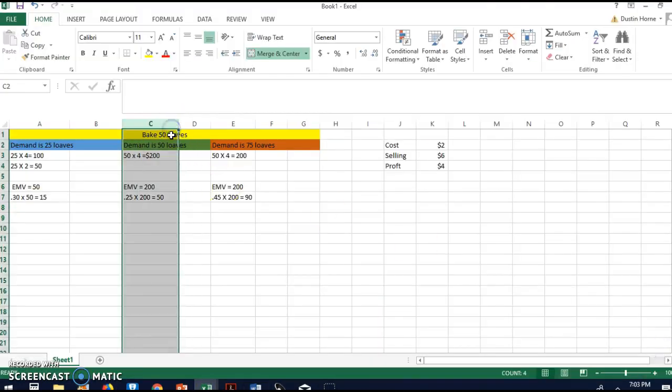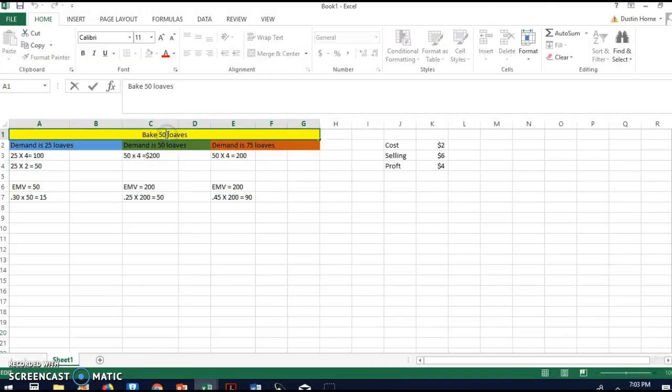Then what if we made 75 loaves? Well, if we baked 75 loaves, this will be a little bit different. So if we bake 75 loaves, and the demand is only 25, we're going to sell the 25 loaves of bread, and then we're going to have 50 that we don't sell.